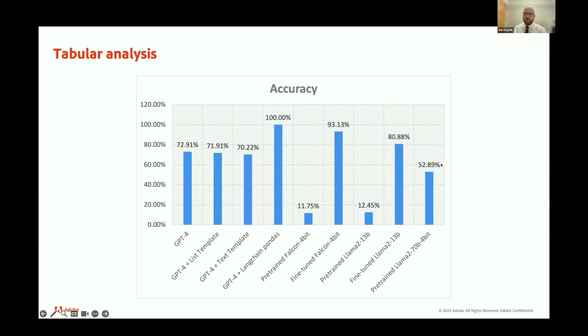So one would expect that after fine-tuning, it would be somewhere above 93%, maybe all the way up to 100%. But we will have to do that study to determine how accurate it can possibly be. But the key takeaway is that fine-tuning can really dramatically improve your performance on tabular analysis and numerical analysis tasks, which aren't something that LLMs are generally very good at doing, but you can get them to perform quite well with these.